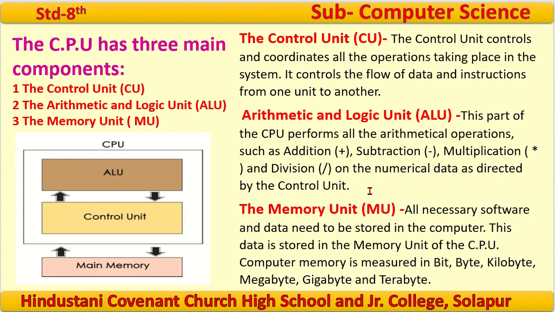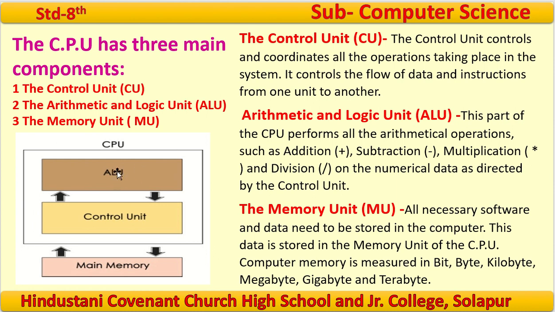Now if I am just typing my name, there is no need for any calculation. So the control unit will send that signal to the monitor to show me. But if I say 5 plus 2, I want the answer. I gave the calculation, so the control unit will take that signal and give it to the ALU because it is the one which knows how to calculate, right?